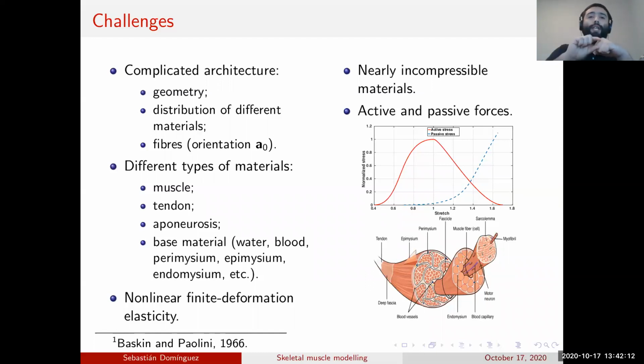So tendon is usually a very stiff material that connects the bone to the muscle. So the bone is never connected directly to the muscle, but there is a tendon in the middle. Okay, so there is a tendon, the muscle with very different properties, and then on top of the muscle you can think of this as an extension of the tendon, but a very thin layer of it, and it covers one side of the muscle.